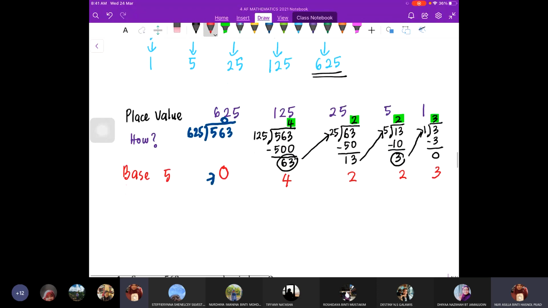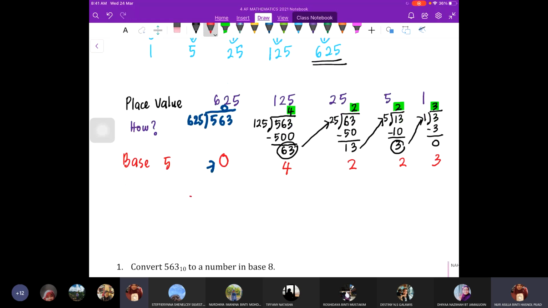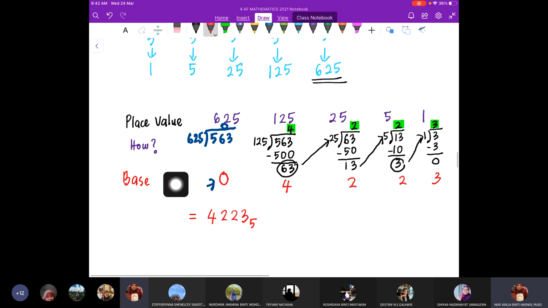So kita punya base 5, kita akan tulis balik equals to, jangan letak kosong. We start with 4, 2, 2, 3, base 5.